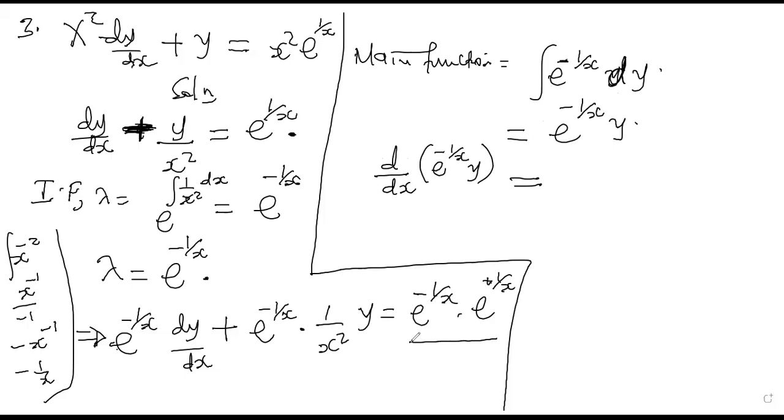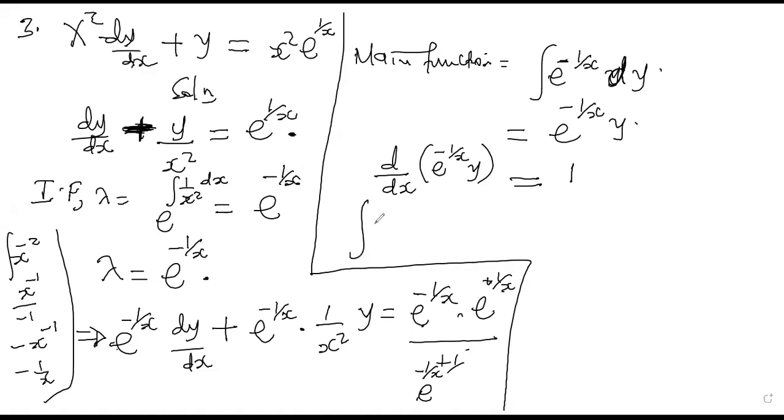When you simplify this, it's going to be e negative 1 by laws of indices. Since you're multiplying numbers of the same base, you're going to add. This is e power 0, which is 1. Then now we integrate both sides.